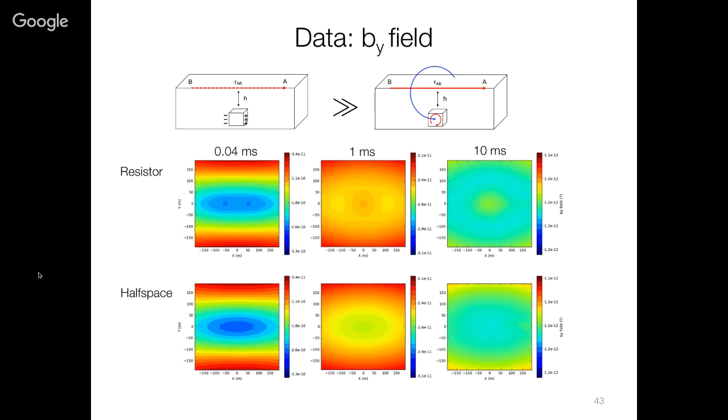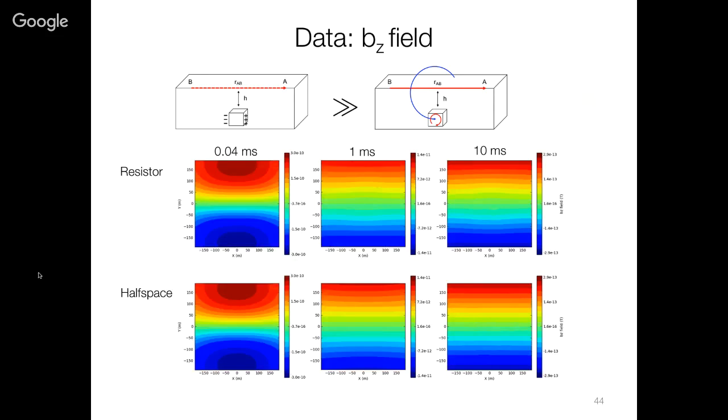Not much. You know, there's currents in there, but the magnitude of magnetic fields are pretty small. And yeah, there's hardly any difference. So in the end, yeah, looking for resistors, electric fields are pretty good.